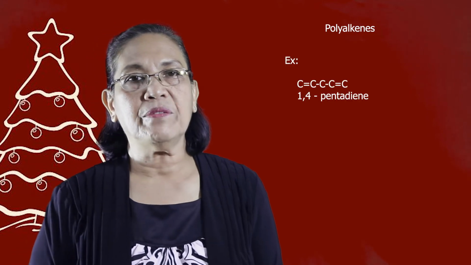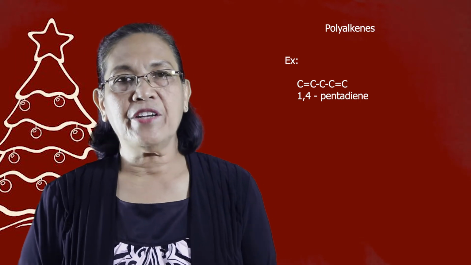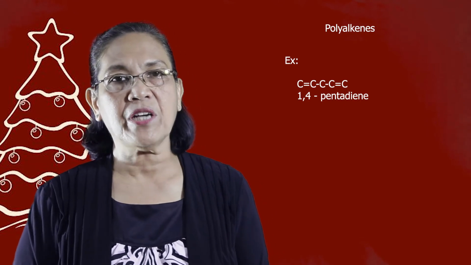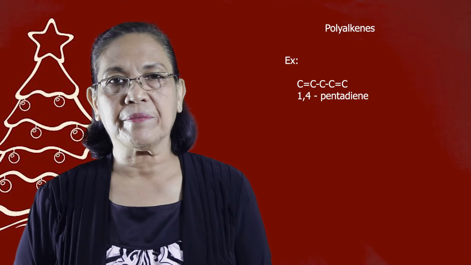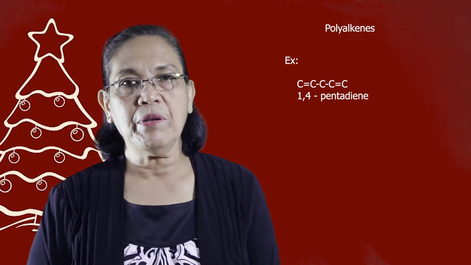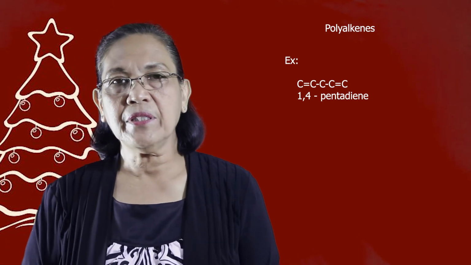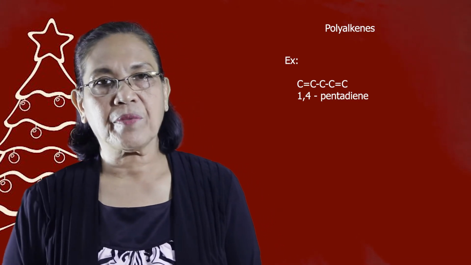For example, in the case of a pentene, you can place a double bond between the first carbon and the second carbon. And also, you can place a double bond between the 4th carbon and the 5th carbon.